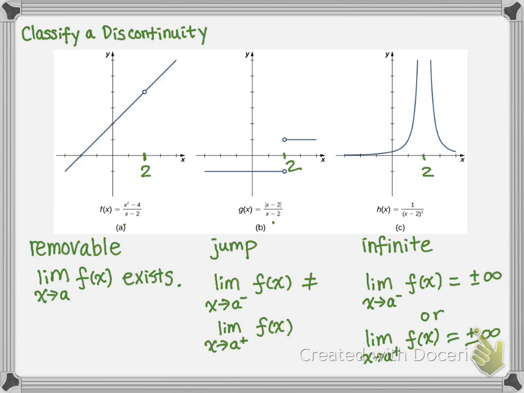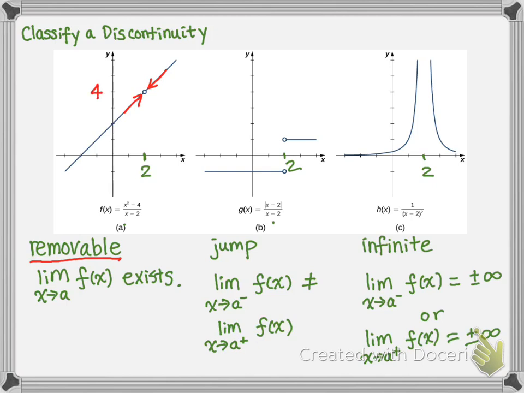So what is a removable discontinuity? It is when the limit of the function exists at the point of interest. So if you take a look at this function, the limit exists as x approaches 2 and the limit is 4.